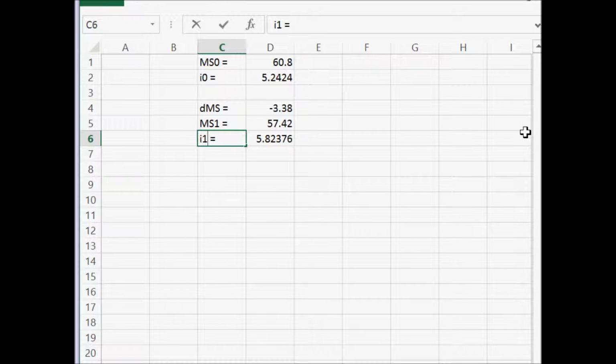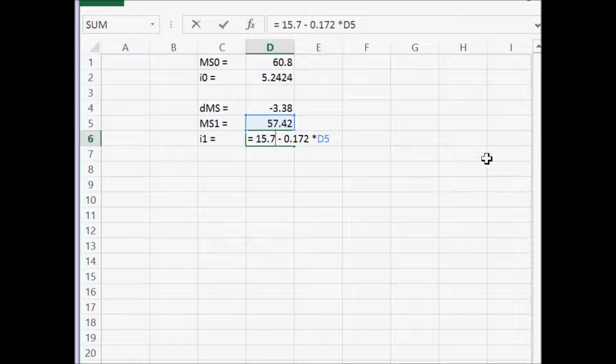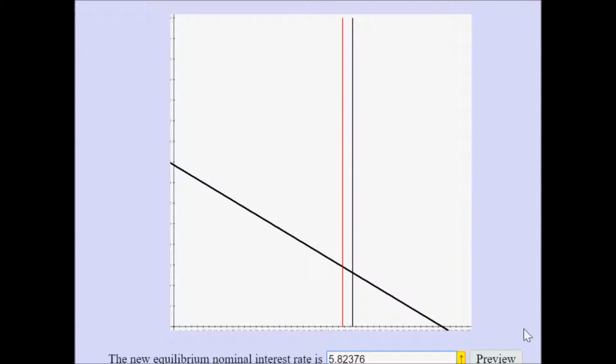I'm going to change this to I1. So the new nominal rate of interest is higher. And I've evaluated money demand at the new money supply. So I'm going to copy this back into my OpenMath.